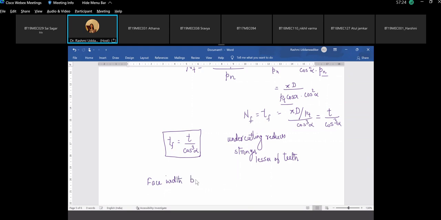Face width B will now be the transverse pitch Pt upon tan of alpha, where alpha is the helix angle. The transverse pitch in terms of module is written as pi mt upon tan alpha.